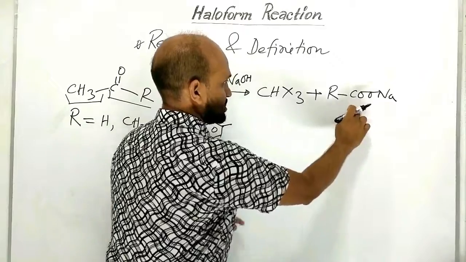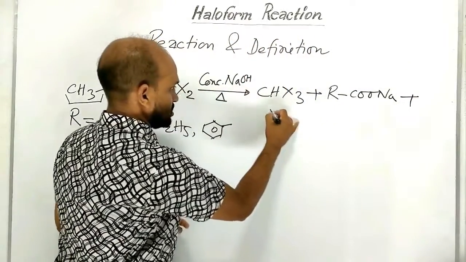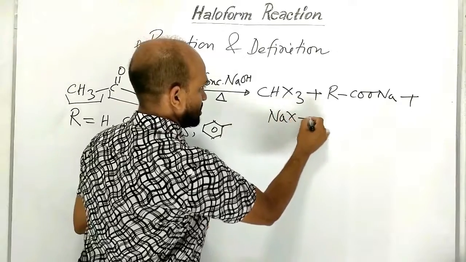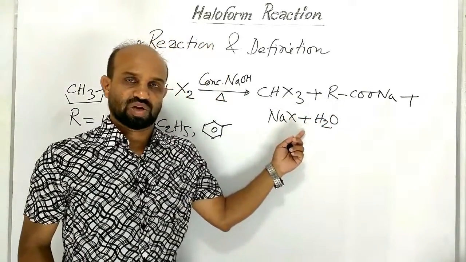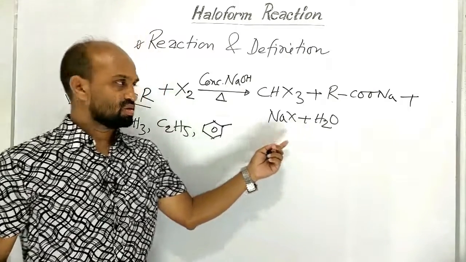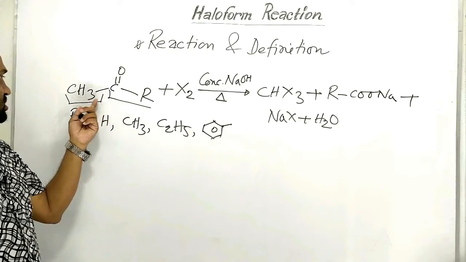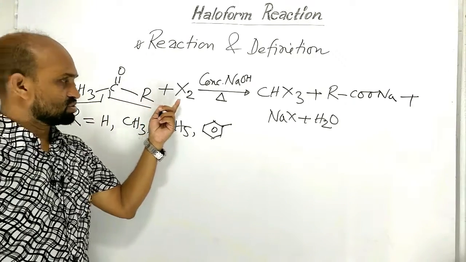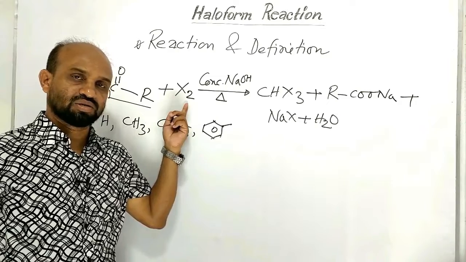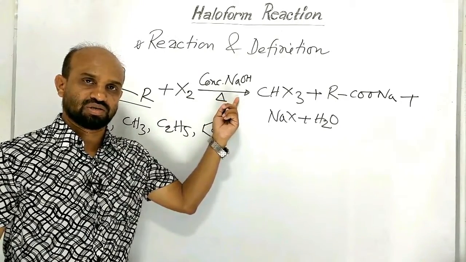and this portion turns into sodium salt of carboxylic acid. Then sodium halide and water are produced as byproduct. That is, carbonyl compound with methyl carbonyl group is treated with halogen in presence of concentrated sodium hydroxide.